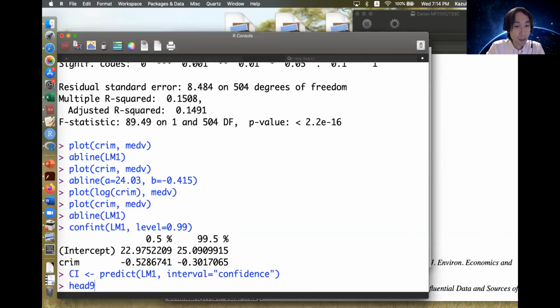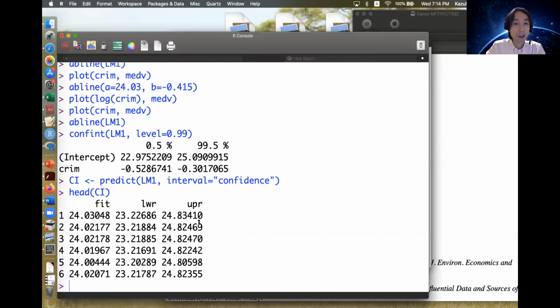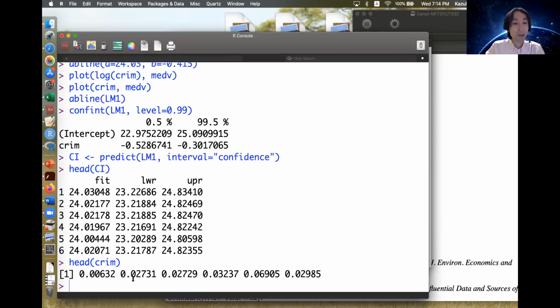If we type head of CI, we have 3 columns, and this is the fit. If you plug in the crime rate, the first 6 observations are here.